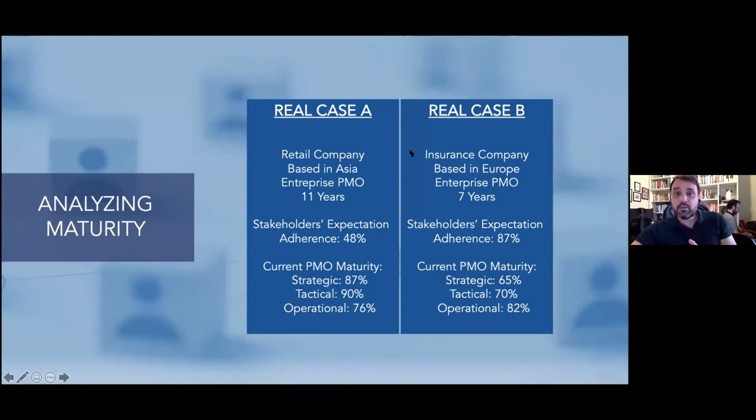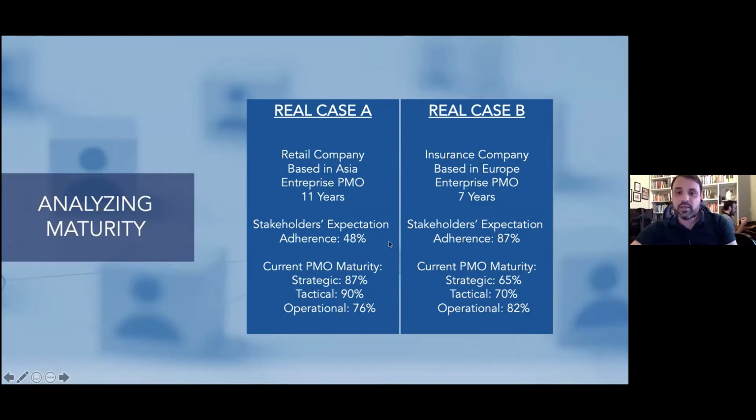And that's what maybe is happening with PMO A, because we are doing very well something that is not expected by our stakeholders. So how can we create perception of value with this? Case B, okay, there is space for evolution, but we are very well aligned with the expectations.